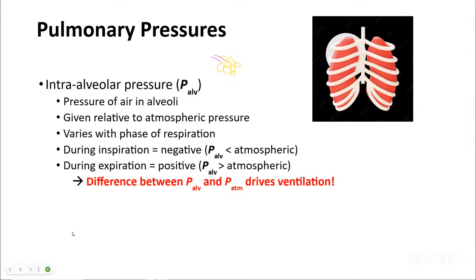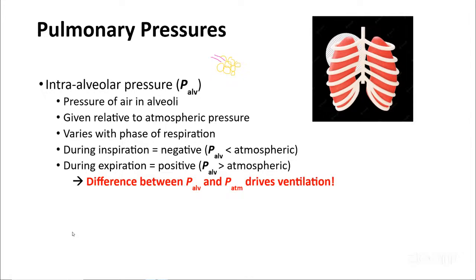So that's where we really care about the pressure, because that's where we really care that we're getting fresh air. So we're going to give our intraalveolar pressure relative to the atmospheric pressure. That makes our lives easier because we don't have to deal with big long numbers. These numbers are not even really going to get into double digits. We're going to keep single digits pretty much when we're looking at these relative pressures.